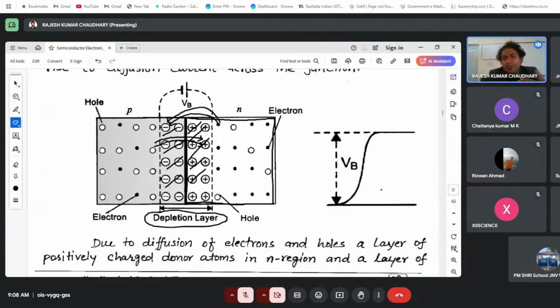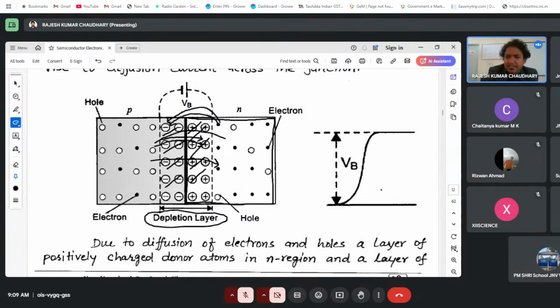Got it? But as soon as the diffusion process started, electrons jumped from here to here, and holes jumped from here to here. And as we discussed earlier, holes just mean a vacancy for an electron. Understood?